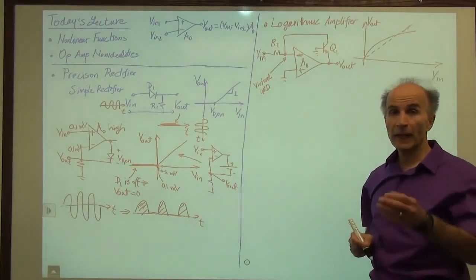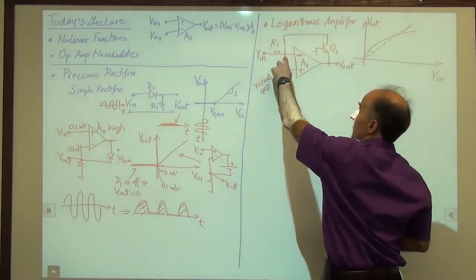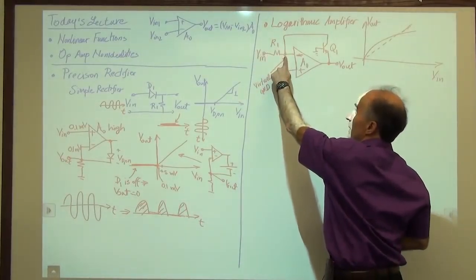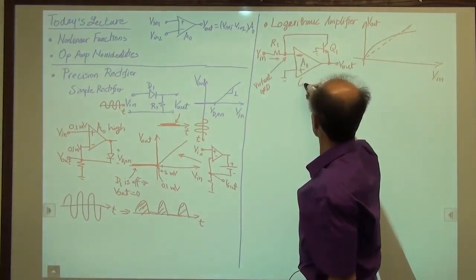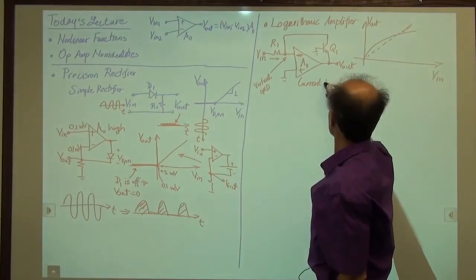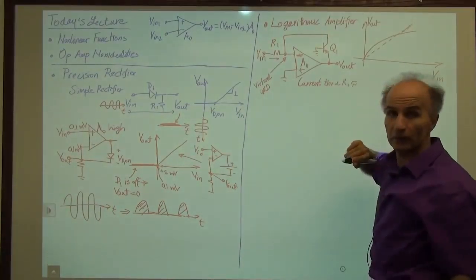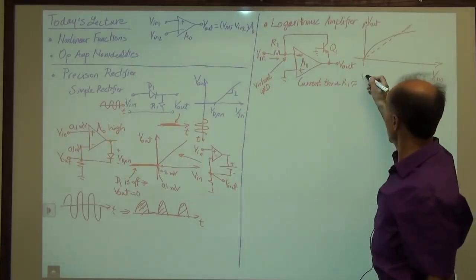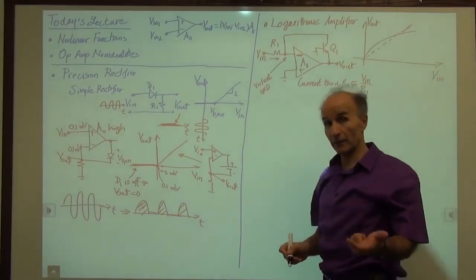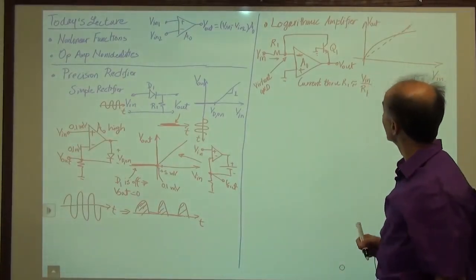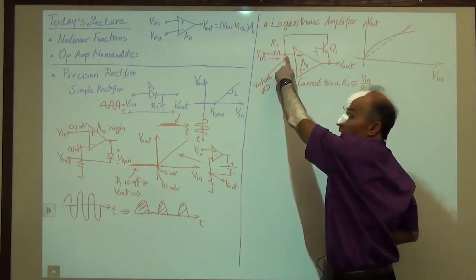Okay, then we can calculate the current flowing through R1. We say Vin minus this voltage over R1, but this voltage is close to 0. So the current through R1 is approximately equal to Vin over R1, as we have seen a number of times in the previous circuits, the inverting amplifier, the integrator, etc. Okay, this current comes in from the input through R1 to the virtual ground node.